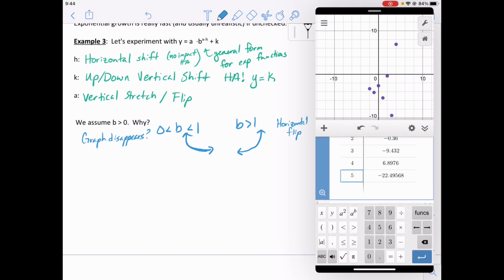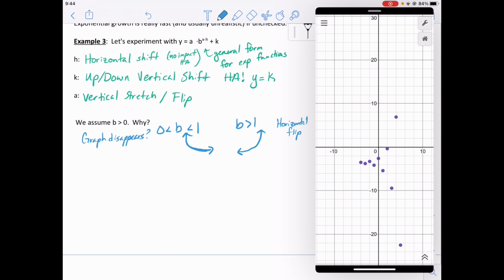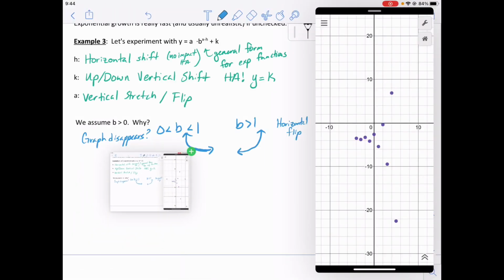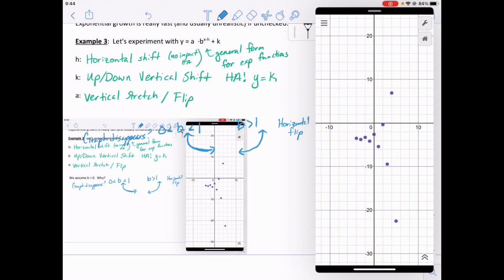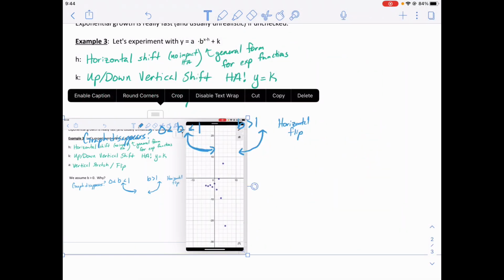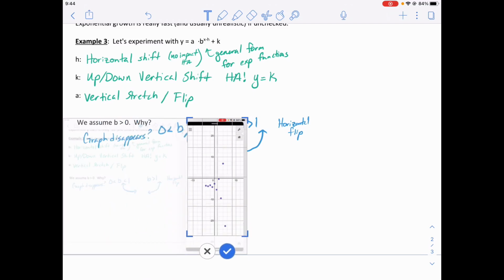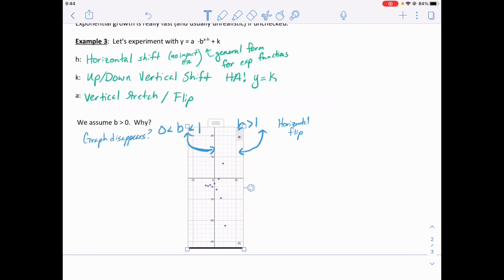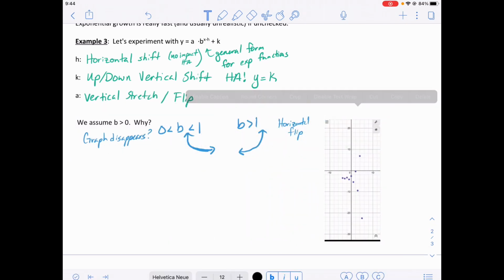There we go, 5. Let's put in a little bit further back. Let's do like -3, -4. All right. And so our graph looks like this. It's just a whole bunch of points, which is kind of weird, right? Let's put this in here. And so our graph looks like this.